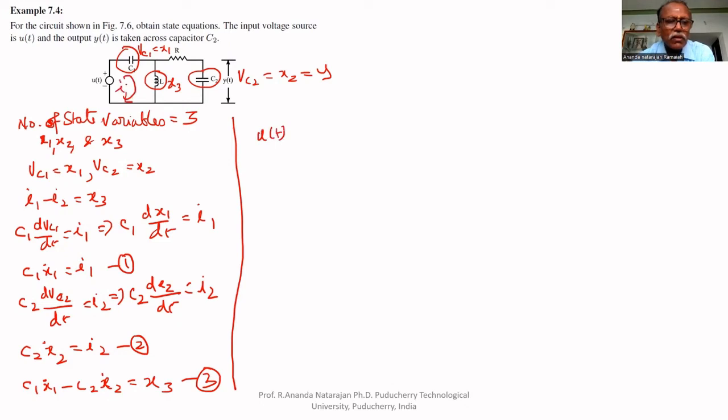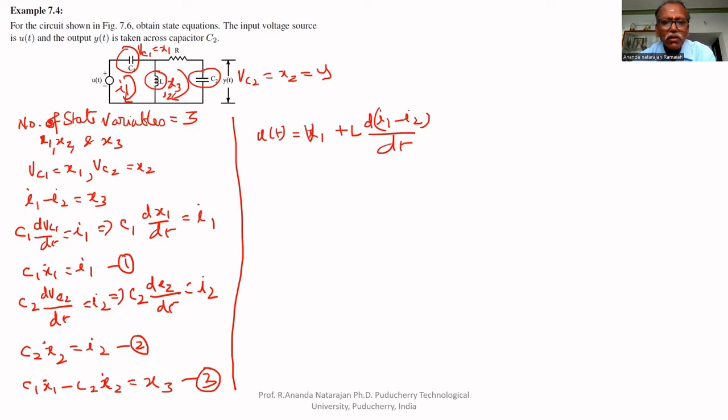The current through this is I1, and the current through this is I2. Therefore u(t) equal to, what is Kirchhoff's voltage law? The algebraic sum of potential drops and EMFs equal to 0. Therefore, u(t) equal to x1 plus the voltage across the inductor L d(I1 minus I2) upon dt.